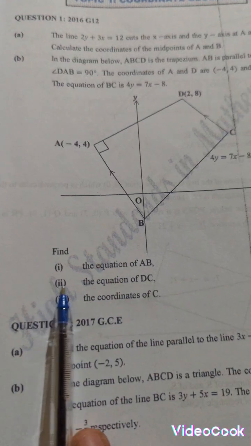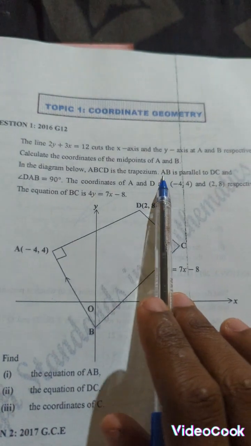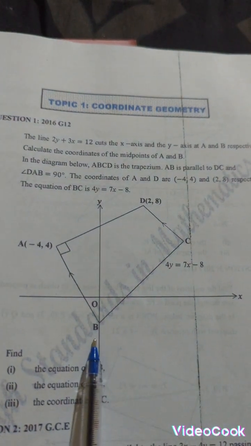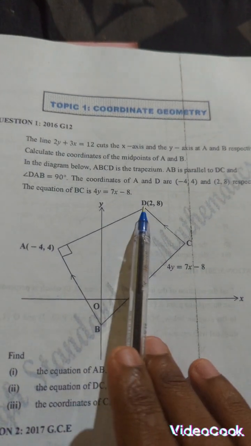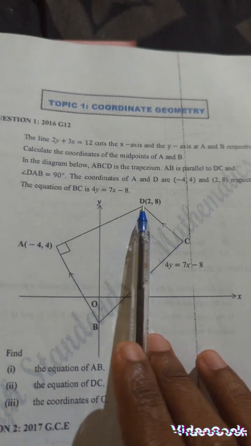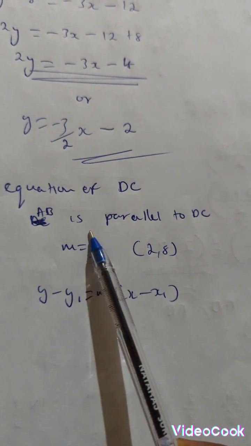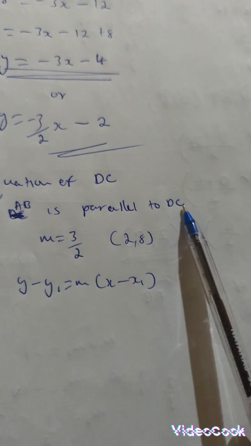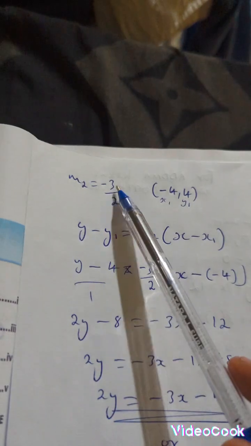We come to number 2, find the equation of DC. Remember the note, AB is parallel to DC. It means the gradient for this one is the same. So according to the question, AB is parallel to DC, and remember we had found the gradient for AB as this.